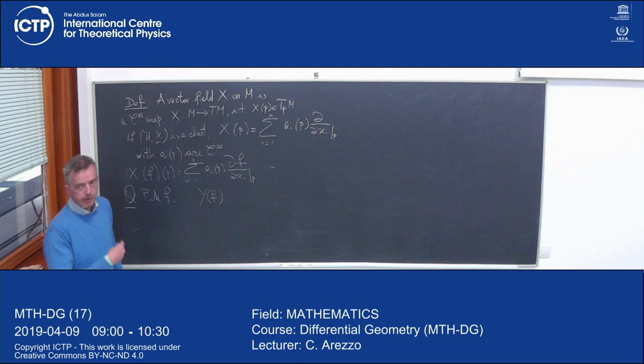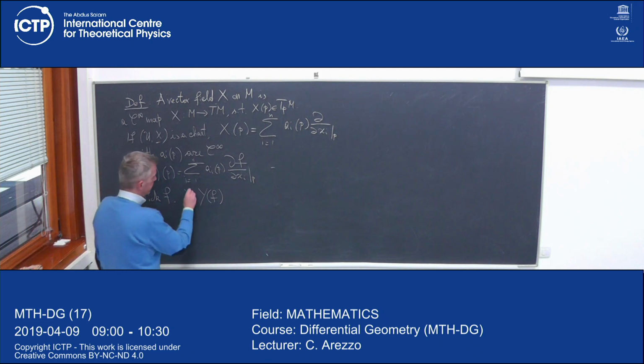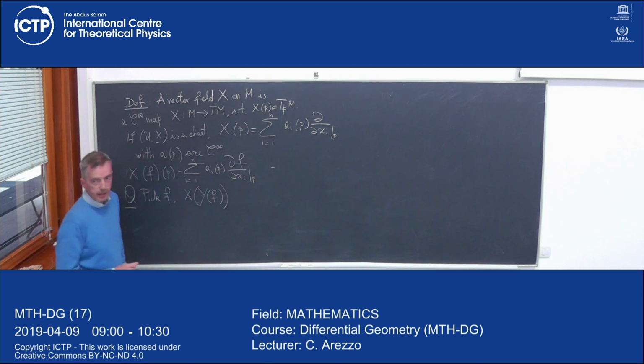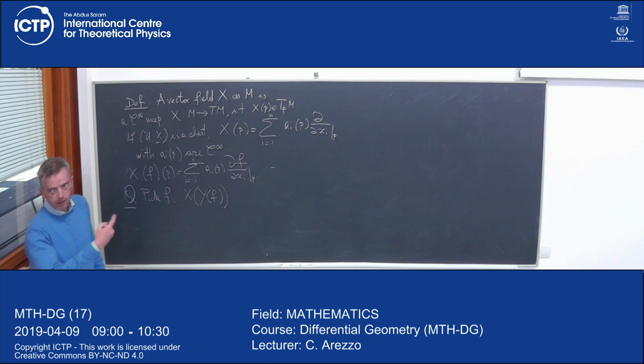So in principle, I can repeat it. If I have two vector fields, I can look at X of Y of f. Very natural thing, which is reminiscent of the Schwarz theorem, the commutativity of the partial derivatives, in some sense.